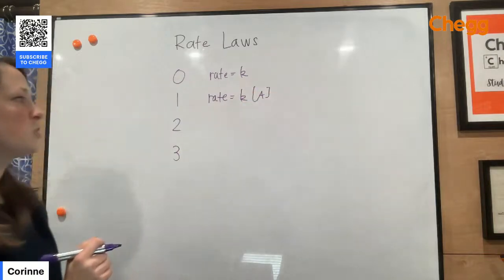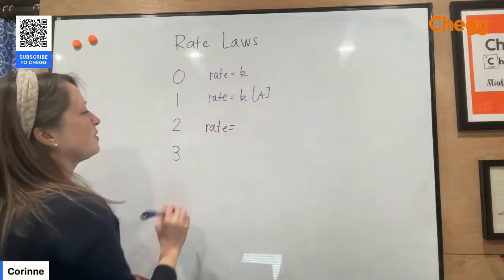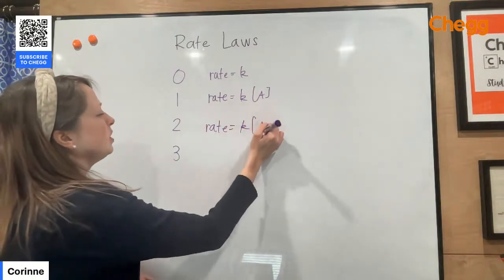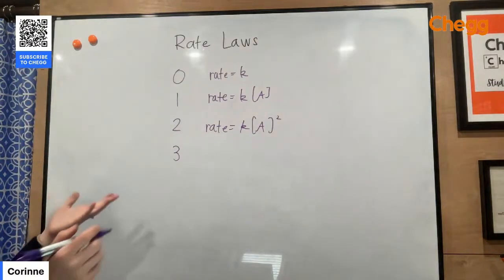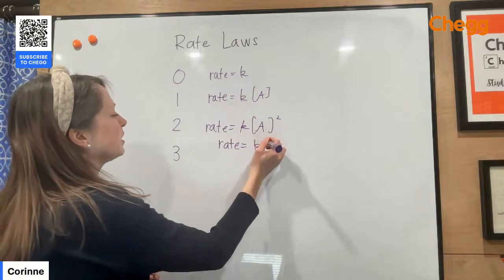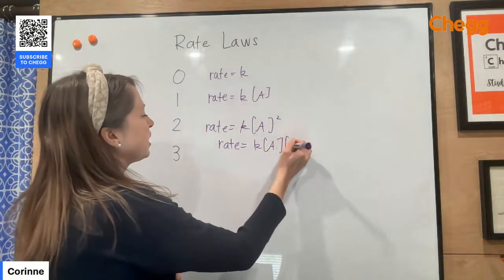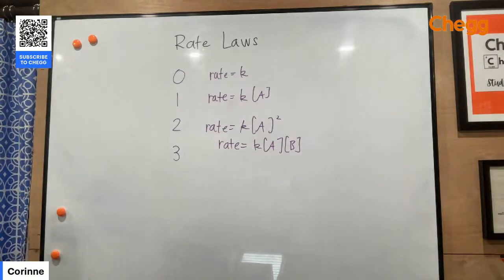If it is second order, we just had an example where it was second order with respect to A and zeroth order with respect to B. You could also have a situation where it's first order with respect to A and first order with respect to B. When you add those two together, the overall reaction is still second order. That's pretty easy to know.